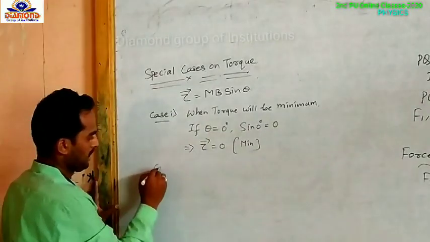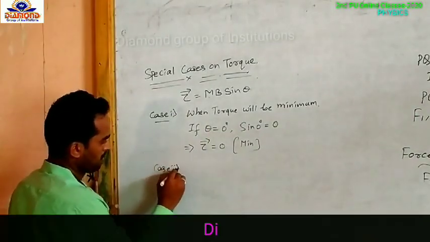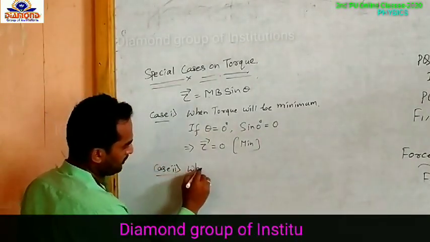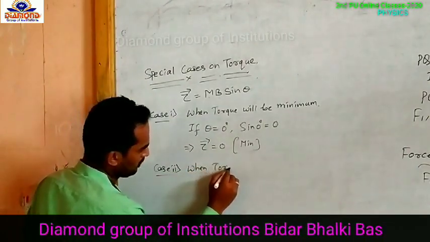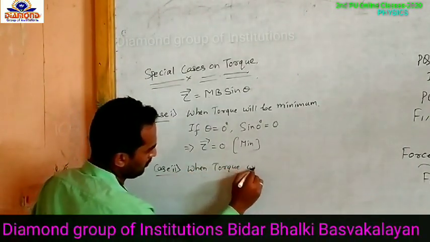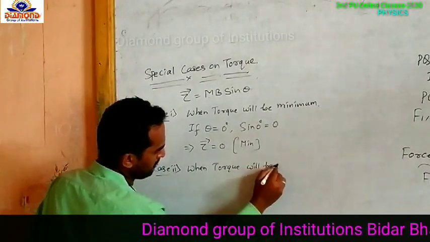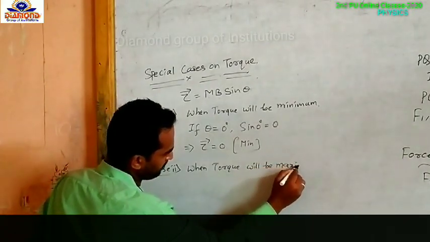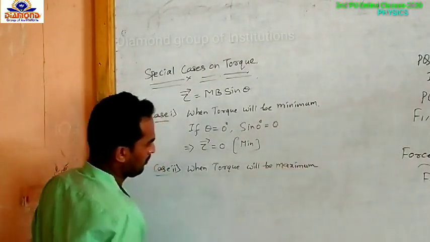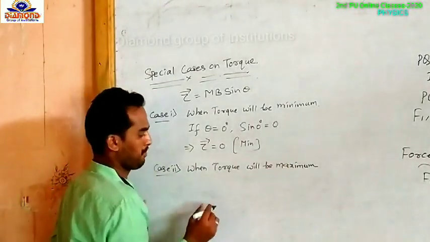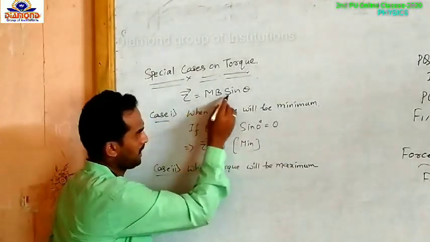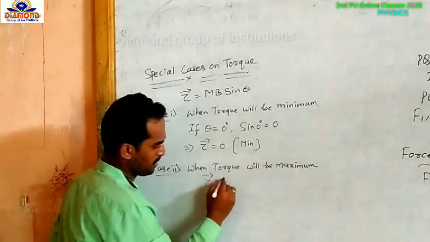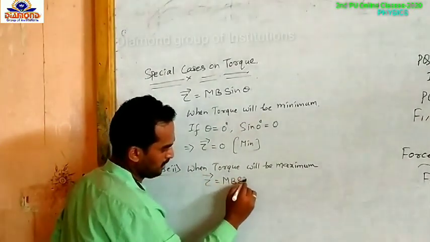Next, case 2, when torque will be maximum. Again use the expression tau equal to M B sin theta.